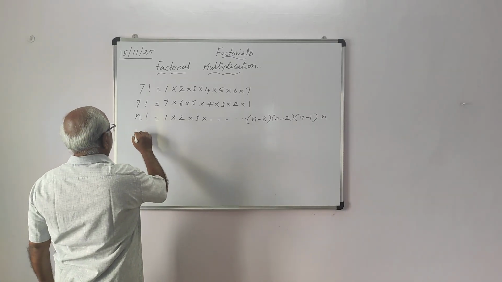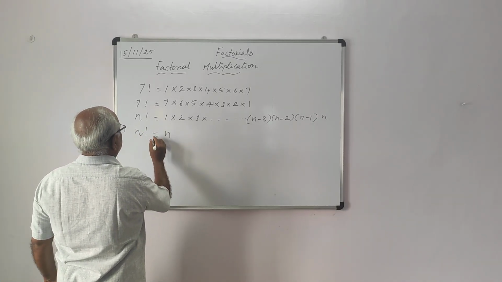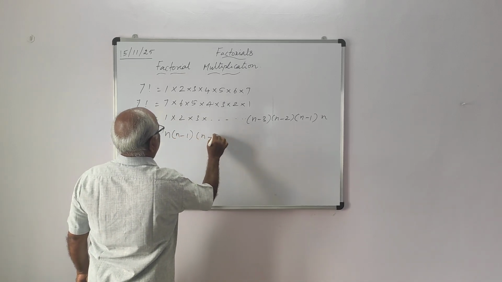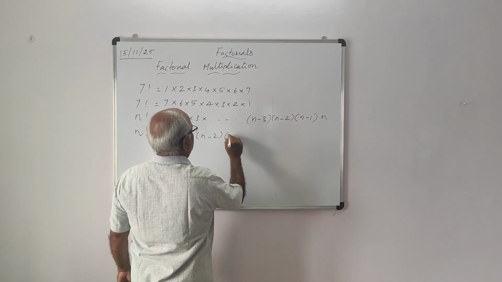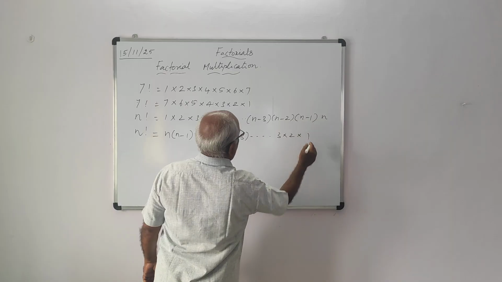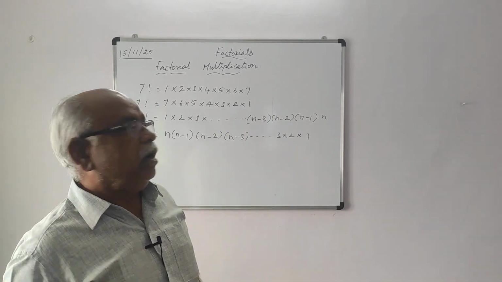Or otherwise, it is n into n minus 1 into n minus 2 into n minus 3 and so on, 3 into 2 into 1. Both ways are correct, either starting with 1 or starting with n.